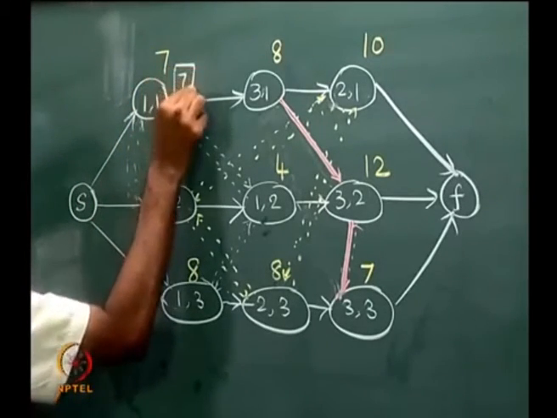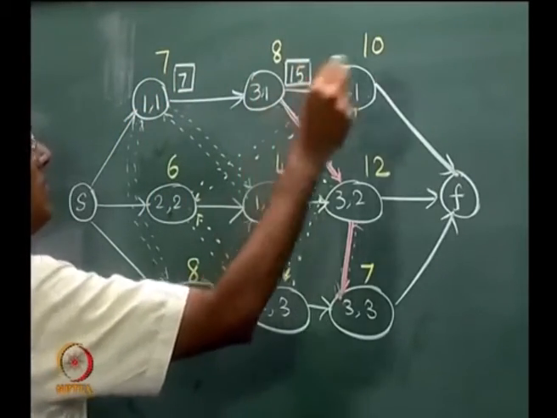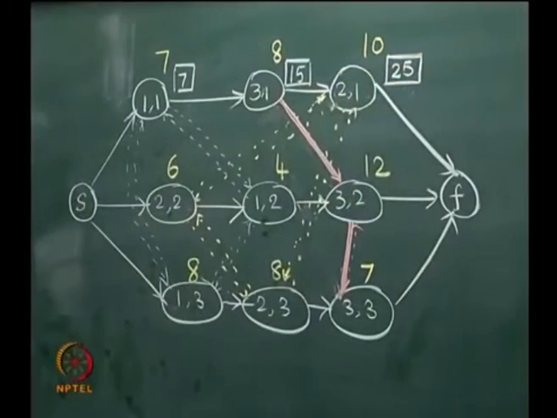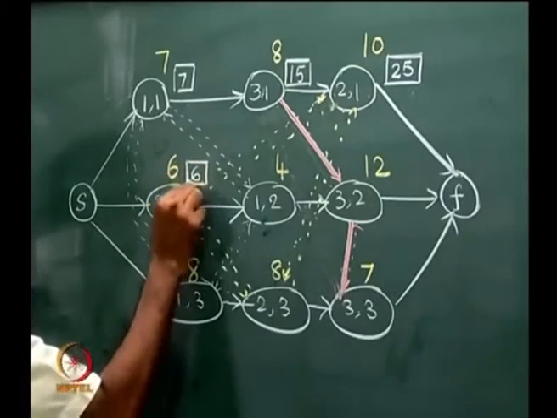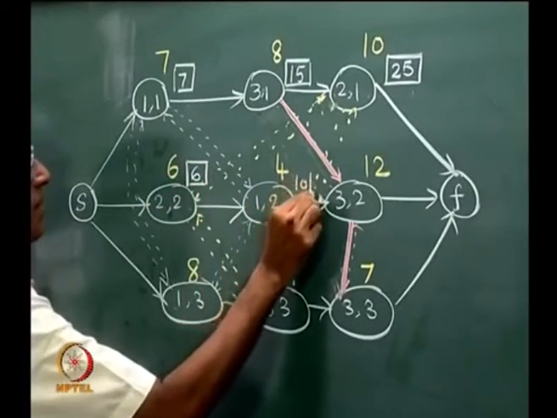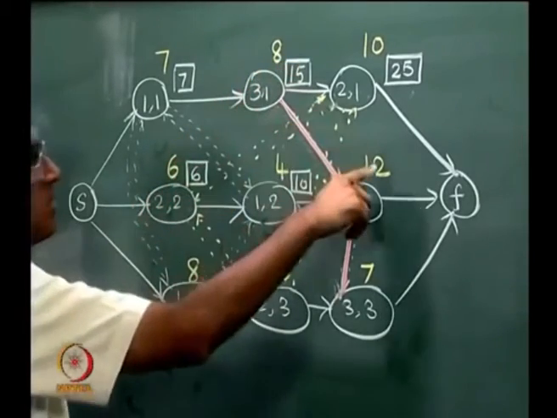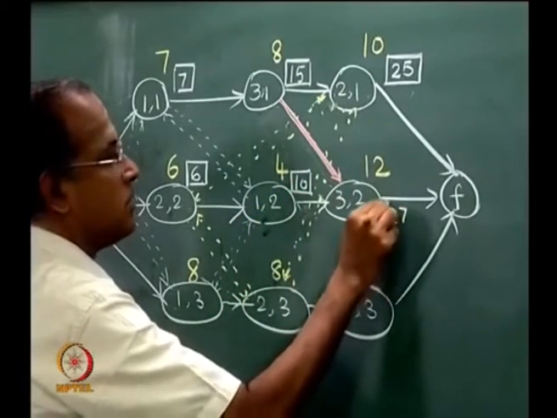From here, 7 plus 8 is 15, 15 plus 10 is 25. Now, this is 6, and 6 plus 4 is 10. Now, this one will be 15 plus 12, 27; 10 plus 12 is 22, so 27.